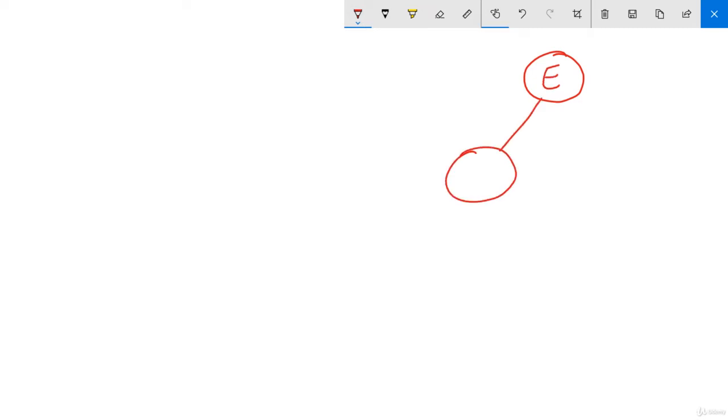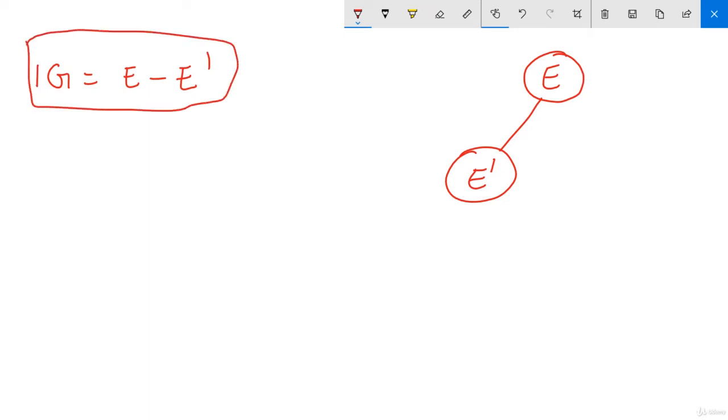This node or leaf has entropy E, and after splitting, let's say I got entropy E dash. Entropy has decreased here. So my information gain here will be E minus E dash. This will be my information gain.